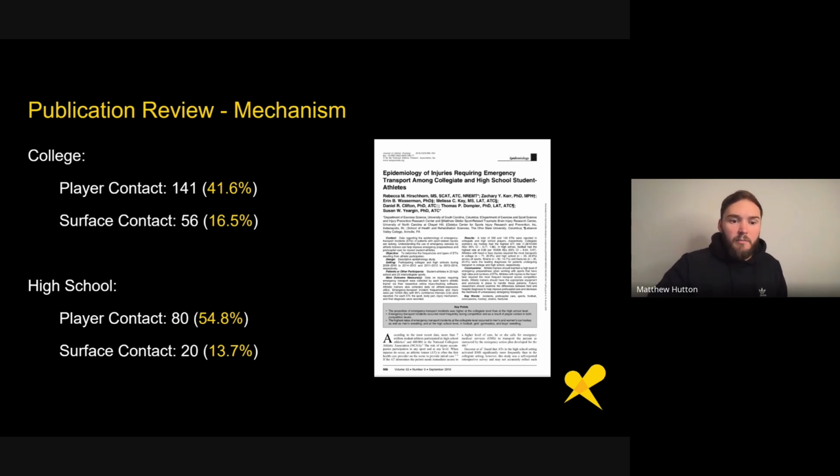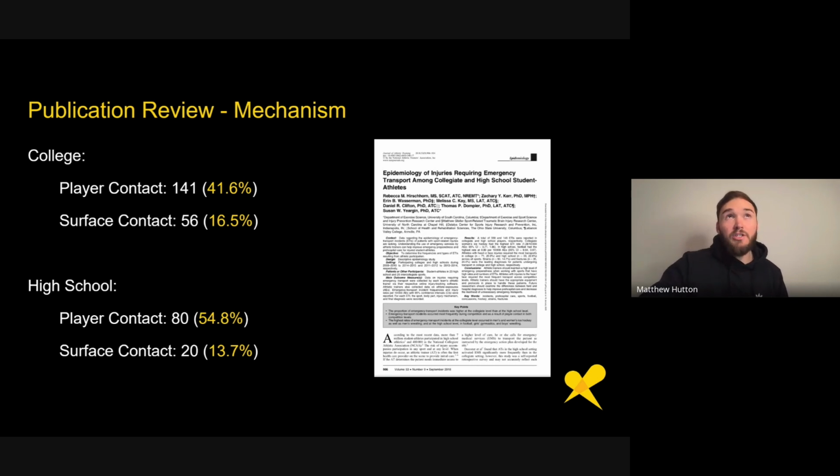And then, like I said, same two risk profiles here for high school athletes. The surface contact is a little bit less, but the player contact is a little bit more. Especially in this age group, the paper talked about the risk profile for the skeletally immature and what the significance of that is.